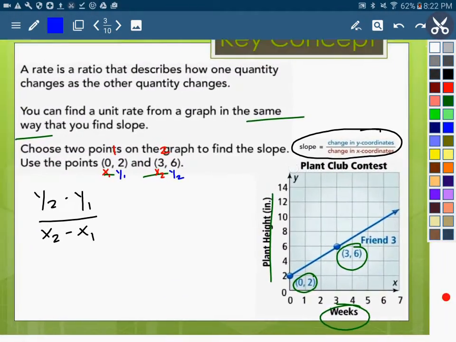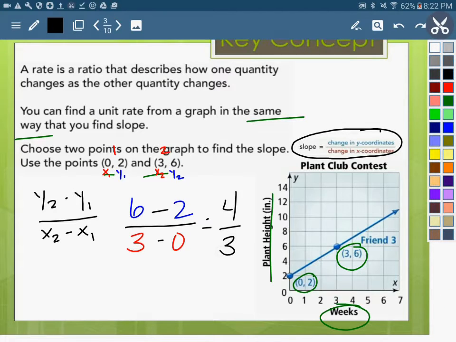y2 is 6, y1 is 2, x2 is 3, and x1 is 0. So now the rate of change of this line, 6 minus 2 is 4, 3 minus 0 is 3.